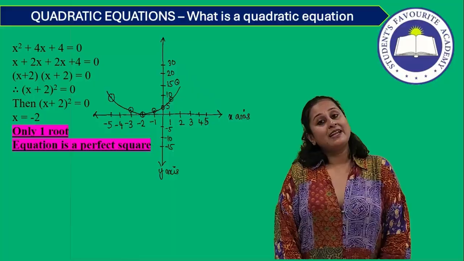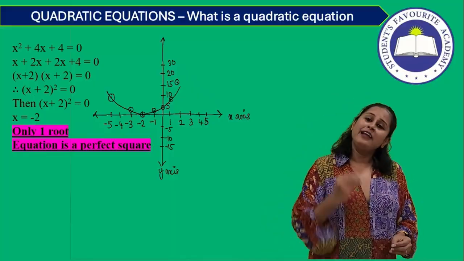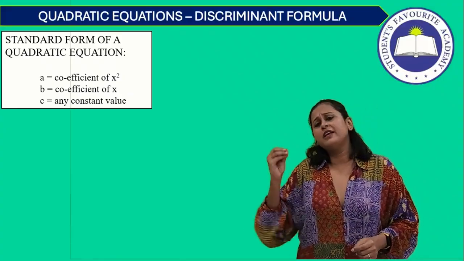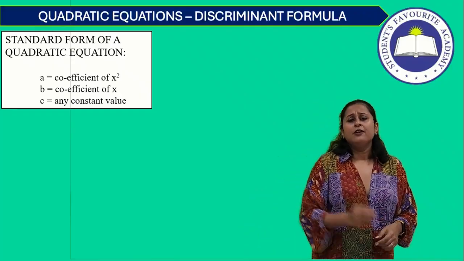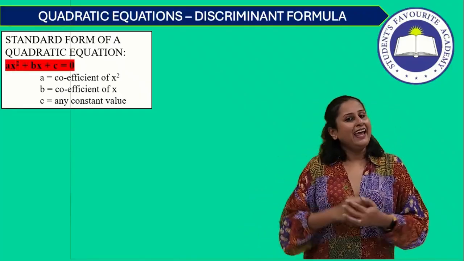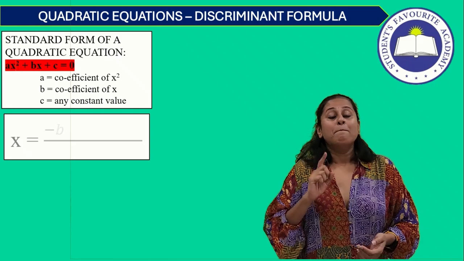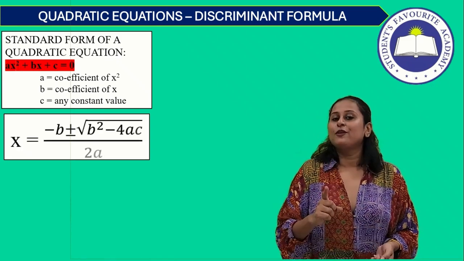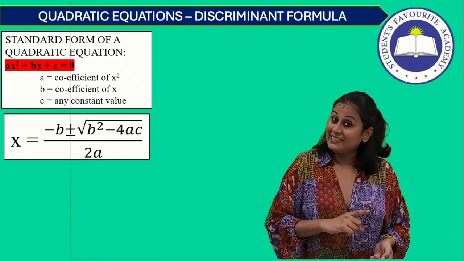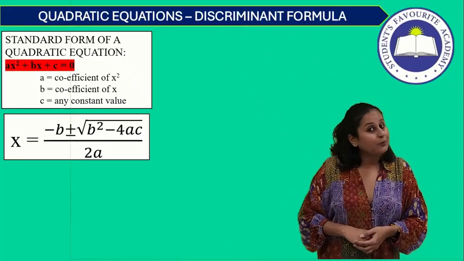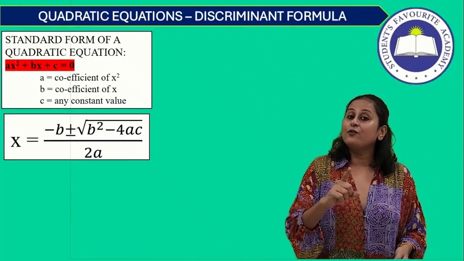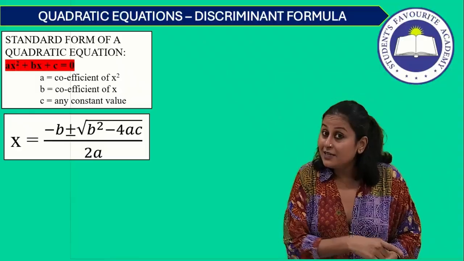Now let us understand a way to find the roots of any given equation. To find the roots of any given equation, we use the formula x is equal to minus b, where b is the coefficient of x in ax square plus bx plus c is equal to 0. b is the coefficient of x, that is the middle term.